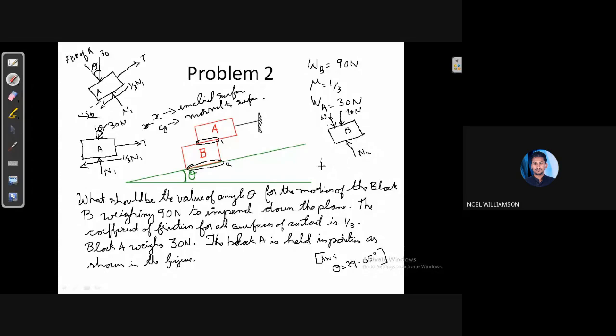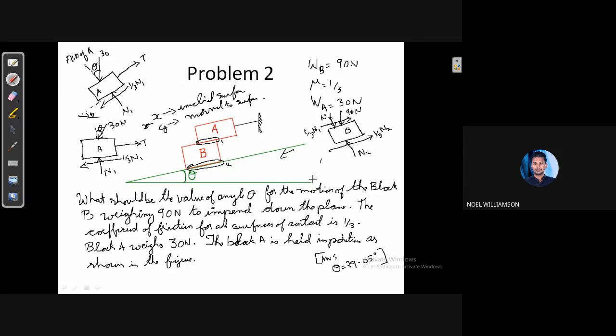The direction of friction: B is moving towards this particular direction, so the friction will be in this particular direction, and the value of this friction is mu into N, that is mu is 1 by 3, so 1 by 3 into N1 is acting here, and here also the friction will be in this particular direction, which is equal to mu into N2.